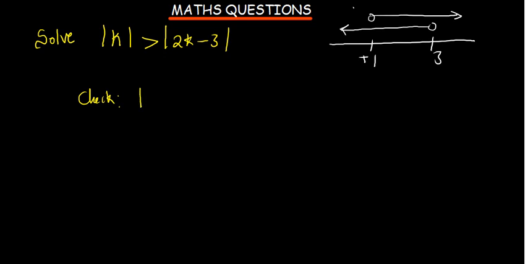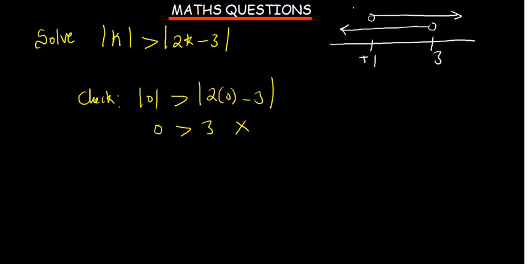So we're going to have absolute value of 0 is greater than absolute value of 2 times 0 minus 3. So it says 0 is greater than 2 times 0 is 0 minus 3, that's negative 3. Absolute value of negative 3 is positive 3. Is 0 greater than 3? No. So that means this region is not correct.